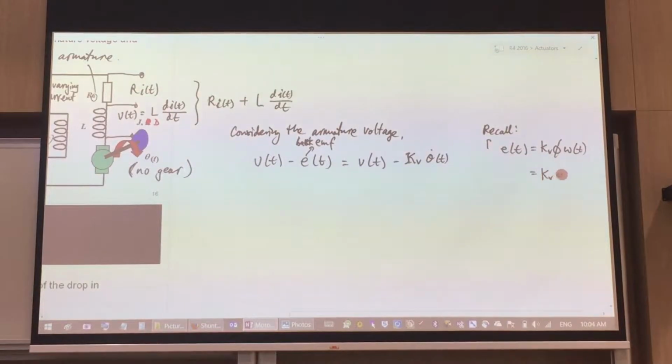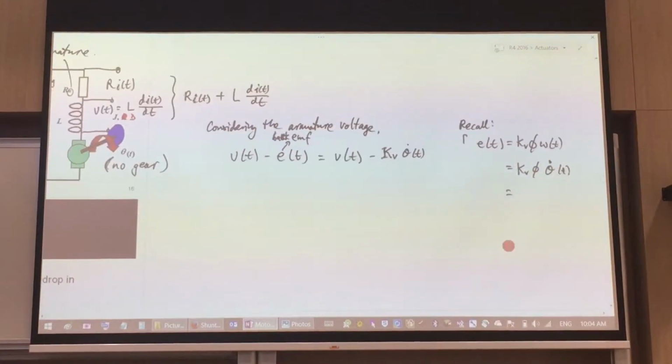This Kv phi will stay, and this omega is actually your theta dot(t). Omega is the same as theta dot, and this is the same as capital K_v theta dot(t). So that's how your back EMF got to this.